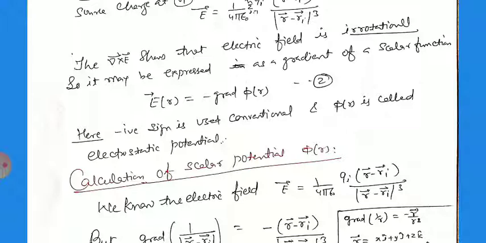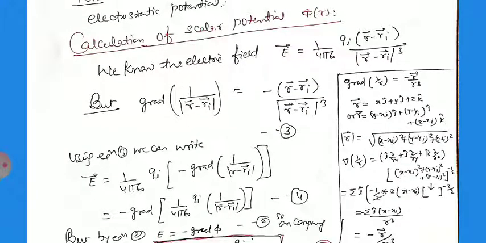So we know that the electric field E equal to 1 by 4 pi epsilon naught sigma Qi multiplied by (r vector minus ri vector) divided by |r minus ri| power cube. And we know that the gradient of 1 by r equal to minus r vector by r cube. How can we calculate this?